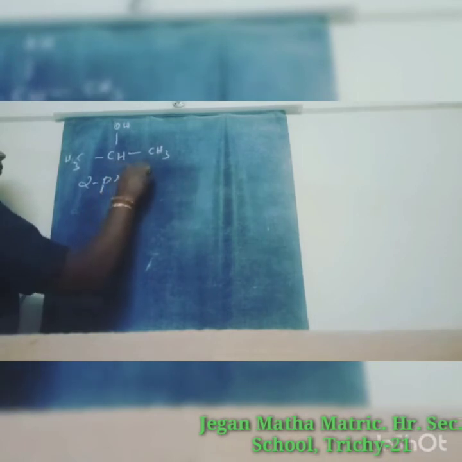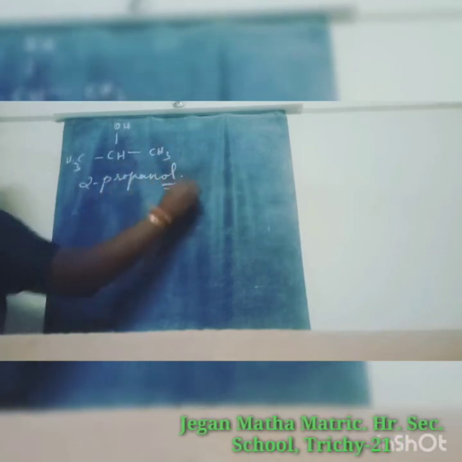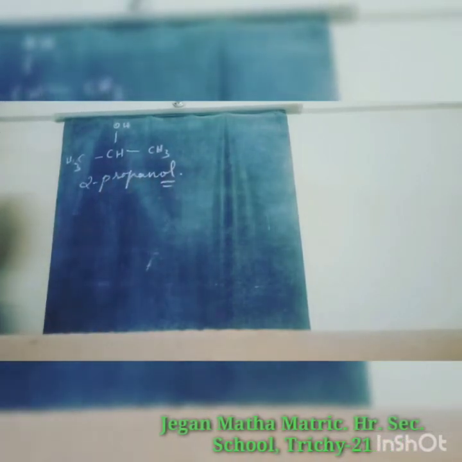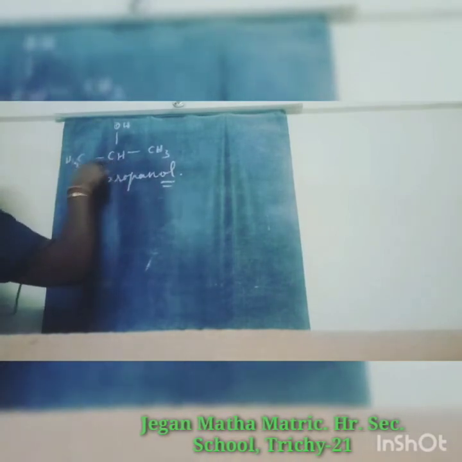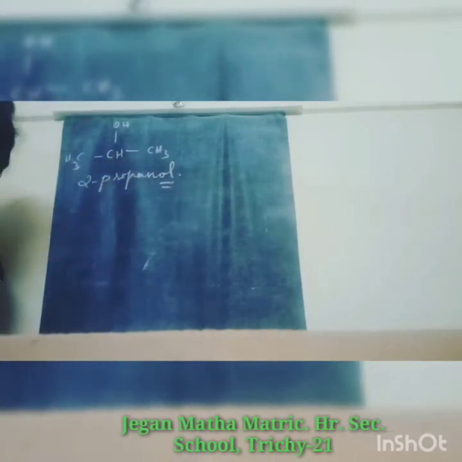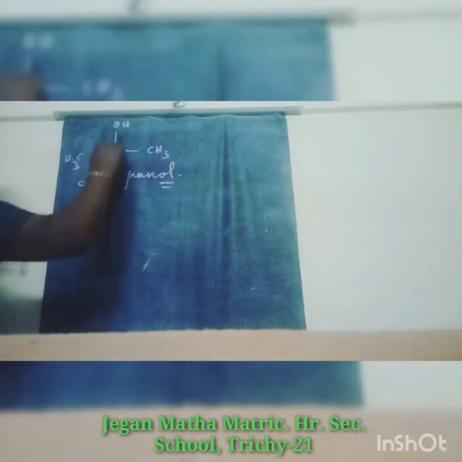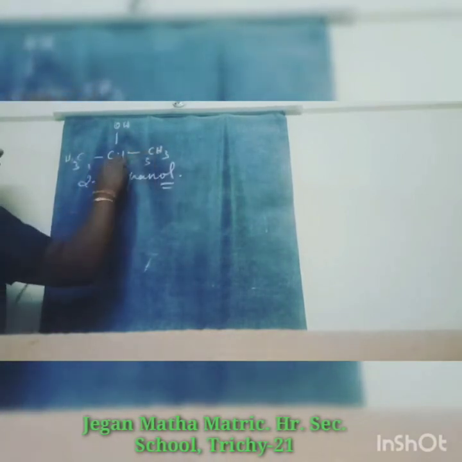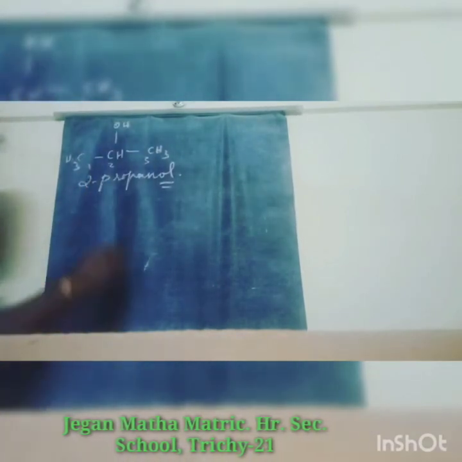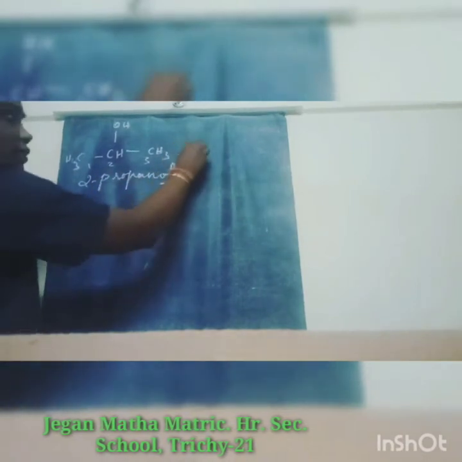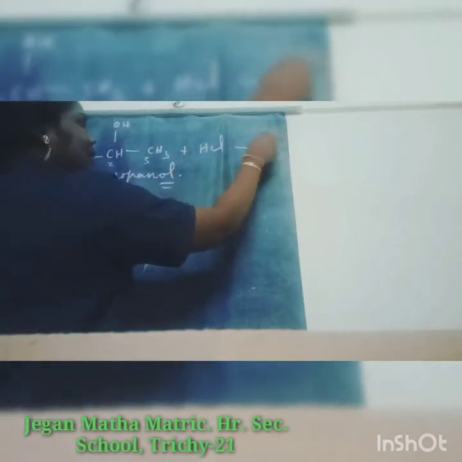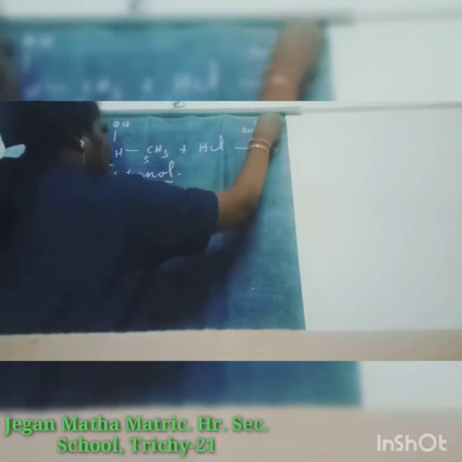OL is the alcohol functional group, and here 1, 2, 3 carbons are present, so 3 carbons mean the propane group. In the second carbon an alcohol group is present. So that is 2-propanol. That is also reacted with HCl in the presence of anhydrous zinc chloride.